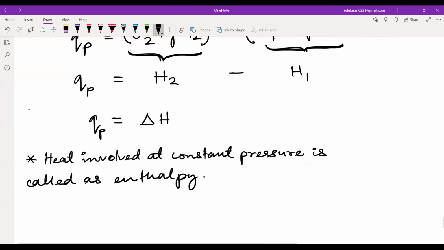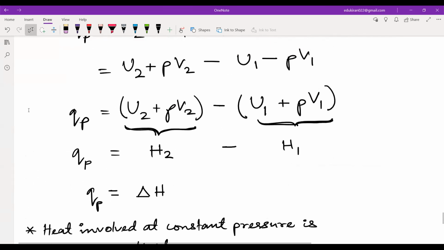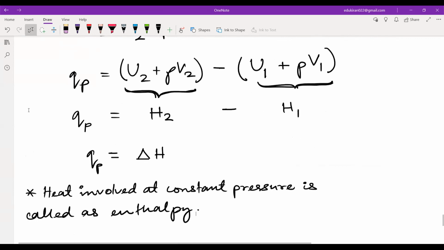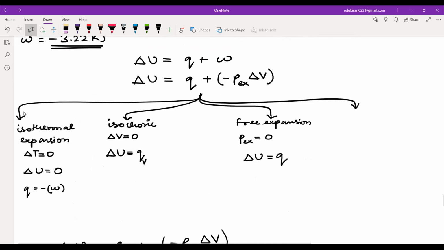If somebody asks you what enthalpy is, it is just the heat involved at constant pressure. And its definition is the sum of internal energy and the product of pressure and volume. So whatever heat is involved at constant pressure is equal to enthalpy.